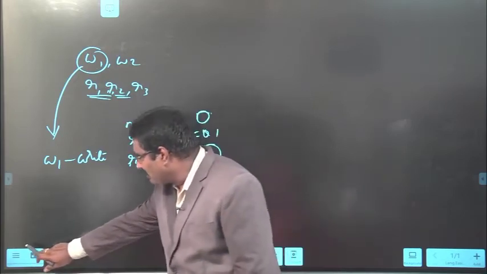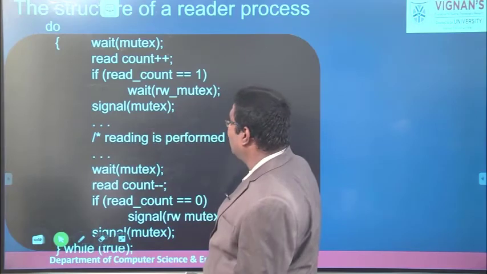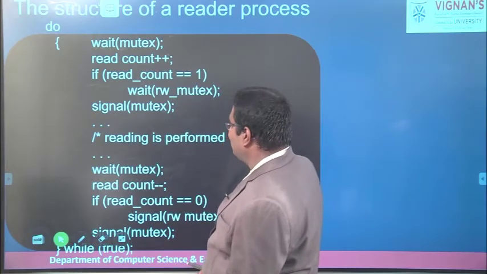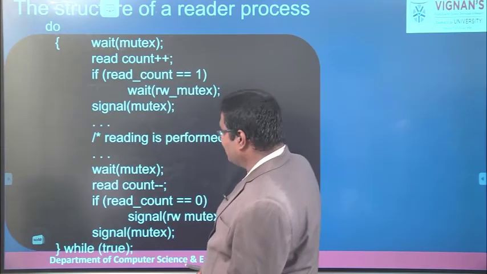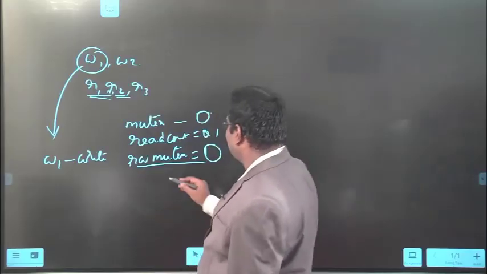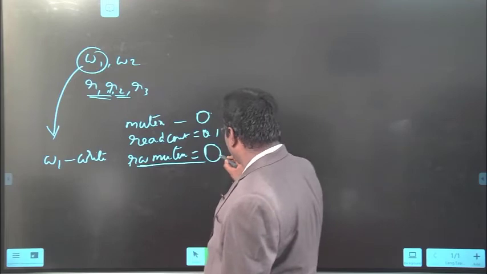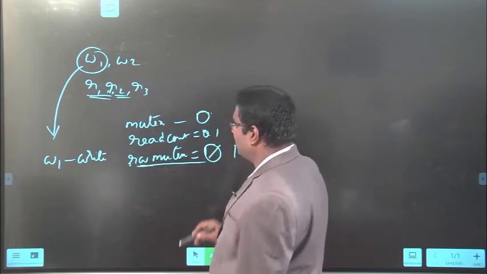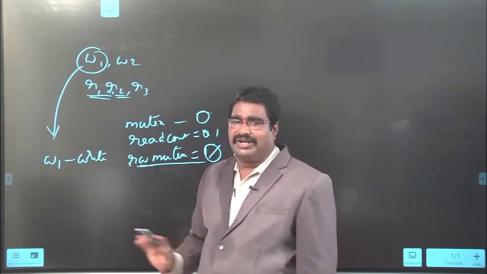What is the next statement after completion of the write operation? The writer process simply calls the signal function on RW mutex, which sets it to 1, and the writer has completed the write operation.